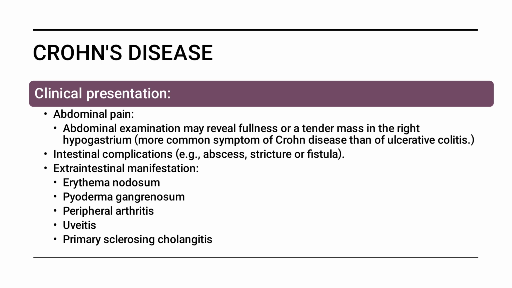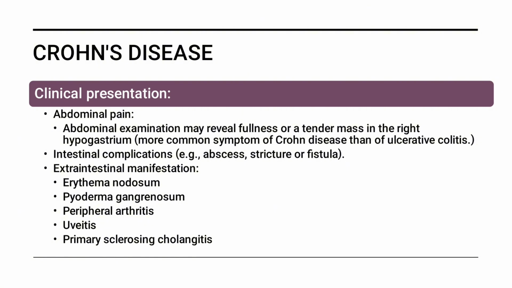If it's Crohn's, it will present mostly in the right lower quadrant, mimicking appendicitis-like pain, usually for a long period with diarrhea, and if the patient has poor nutrition, also weight loss, as we saw in this case.